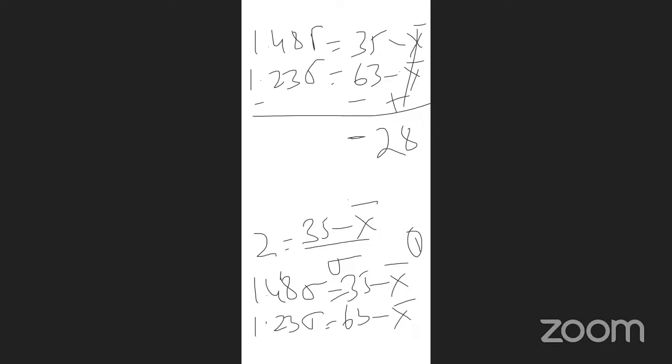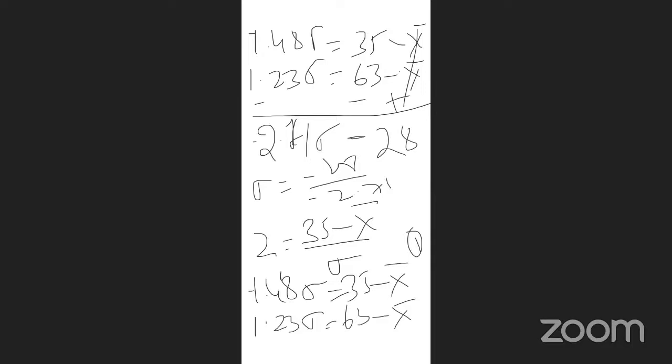Now minus 1.48 and minus 1.23, that means it is minus 2.71. So minus 2.71 standard deviation; minus of minus becomes plus, so 2.71 standard deviation.